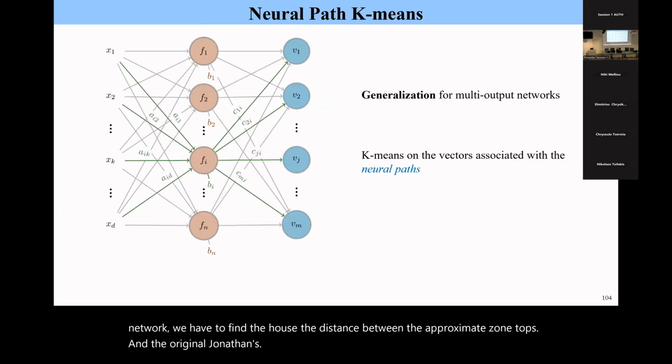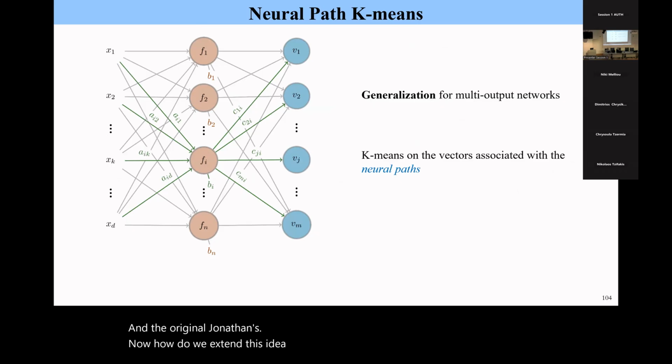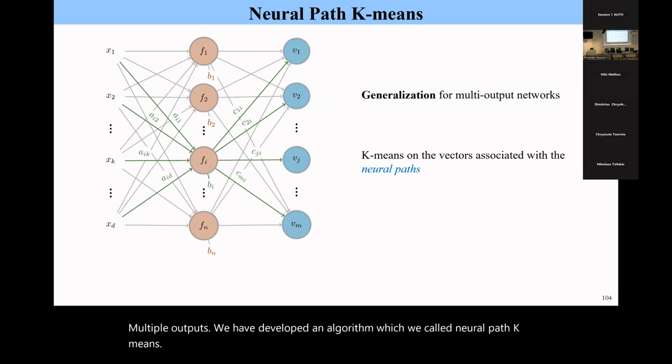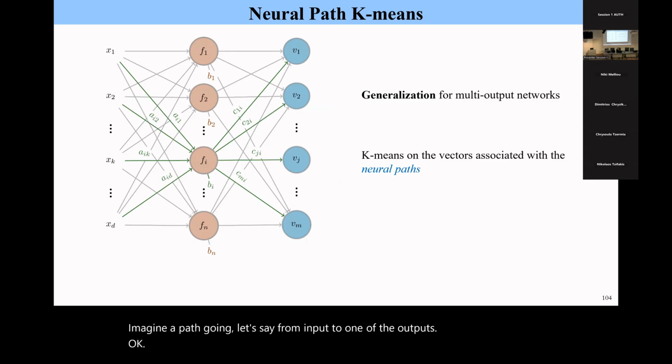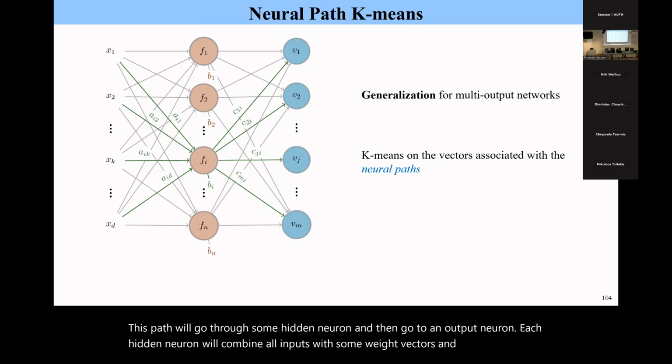Now, how do we extend this idea to multiple outputs? We have developed an algorithm which we called neural path k-means. Imagine a path going from input to one of the outputs. This path will go through some hidden neuron, and then go to an output neuron. Each hidden neuron will combine all inputs with some weight vectors, and then feed to one of the outputs.